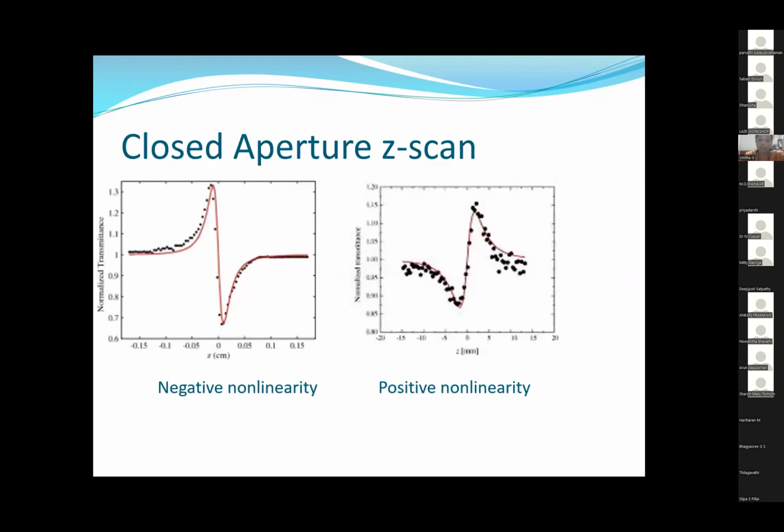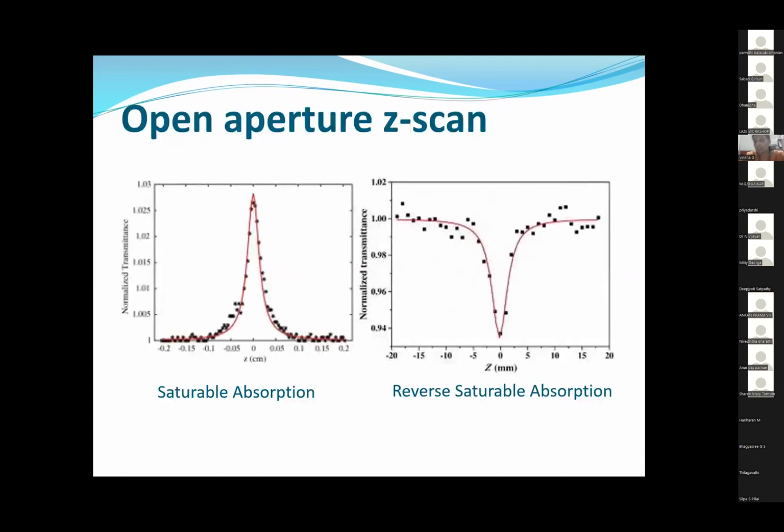So, negative and positive nonlinearity. Someone was asking what exactly decides whether it's a positive medium or a negative medium. It depends on the material, that's it. All right, but one thing is whether it is going to be saturable absorption or reverse saturable absorption, how do I decide? Let me tell you one thing, the same material which shows saturable absorption can change its property to reverse saturable absorption, or which was showing RSA can show saturable absorption.